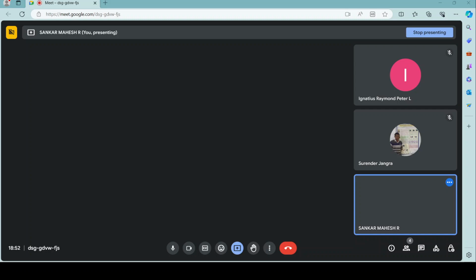Then in the next case, this alone is labeled. In the next case, this alone is labeled. In the next case, this is labeled.